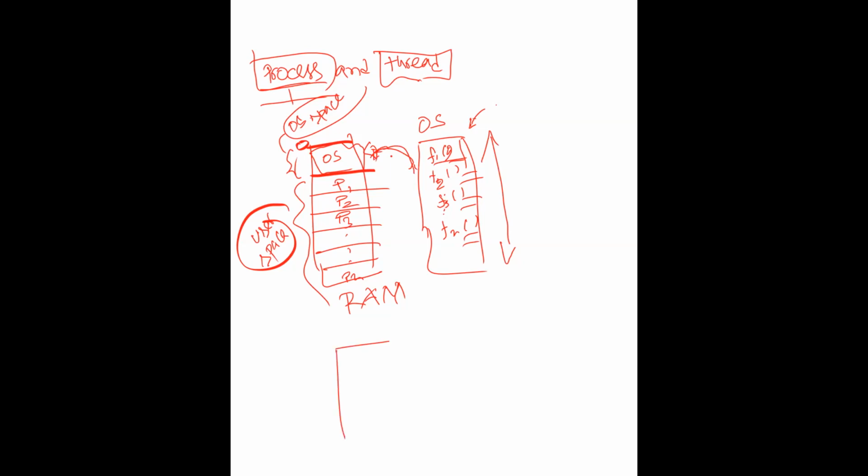If it is, this is the RAM, this is our operating system, all processes in here: F1, F2, F3, F9, Fn, millions of functions in here. So this is a very big process, the operating system.